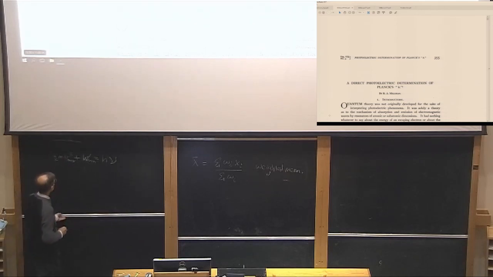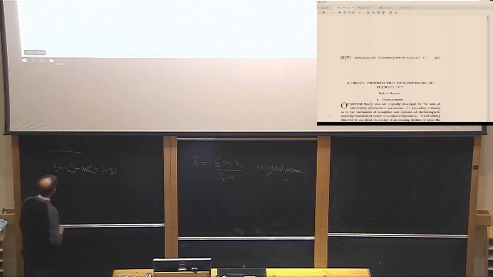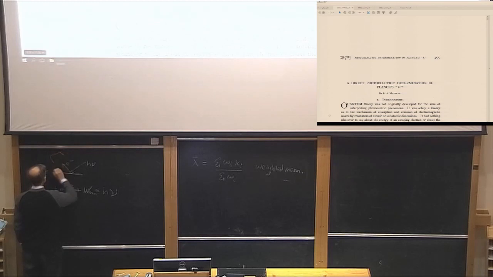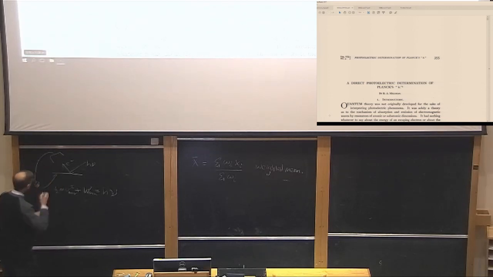And that means that if you apply a reverse electric potential so that the electrons are being repelled by the metal plate that's collecting them, there will be a voltage at which they cannot reach the metal plate, which will stop the current. So if you're collecting this current on some collecting bit of apparatus, and then you're measuring the current, there's some voltage in here somewhere, this is a rubbish diagram, which is going to stop the current entirely.